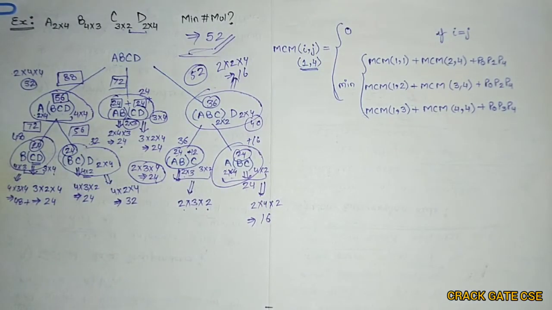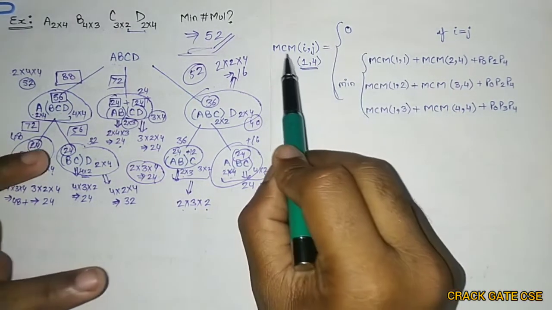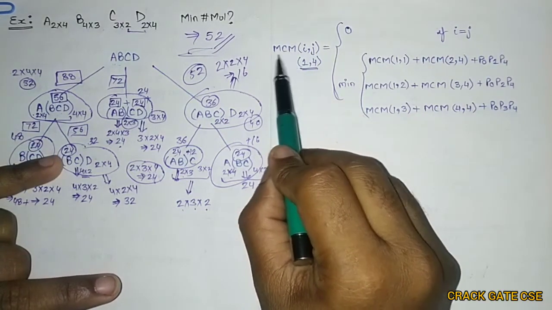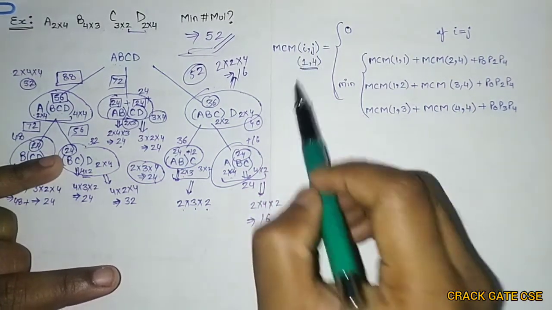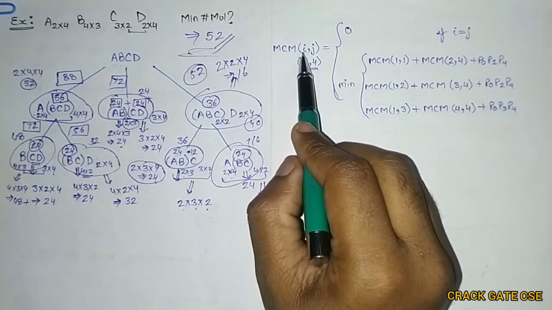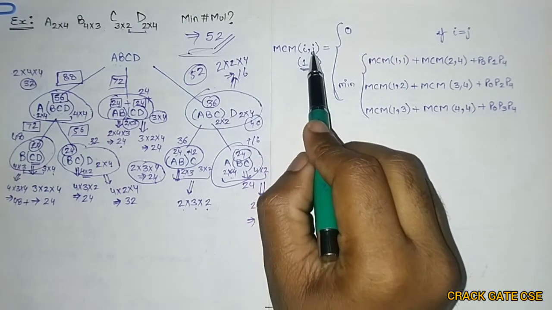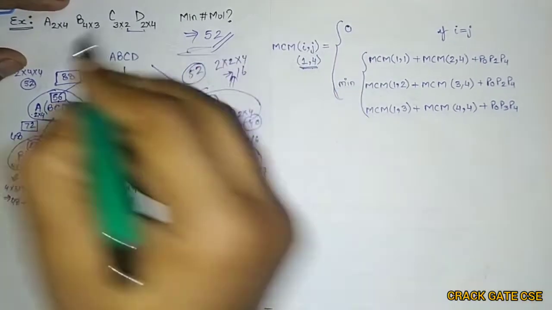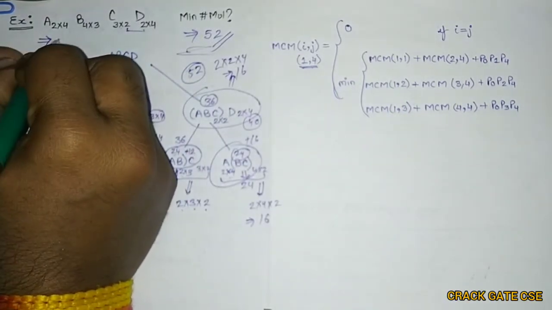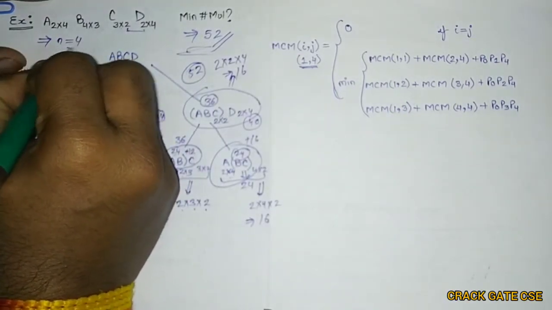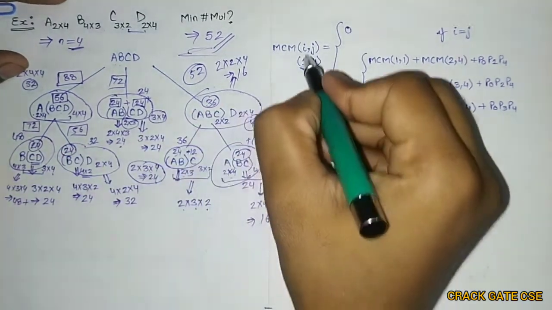Now let's see what will be the recurrence relation of this particular application. So MCM, matrix chain multiplication, I am renaming the function as MCM(i, j), where i is the starting matrix and j is the last matrix. Here you can see that n is equal to 4, because 4 matrices are to be multiplied.